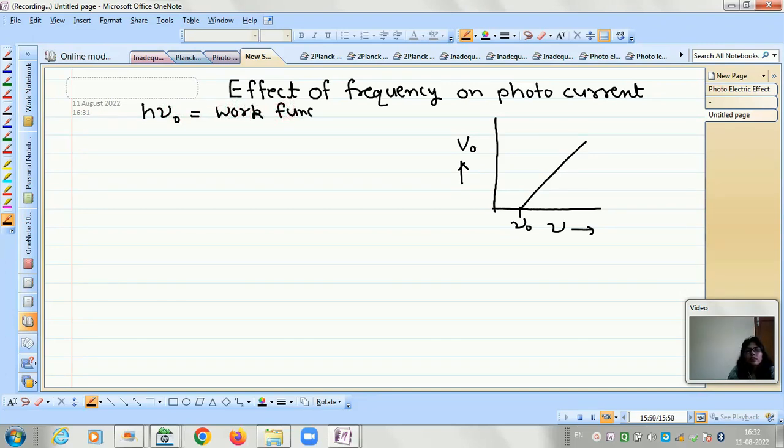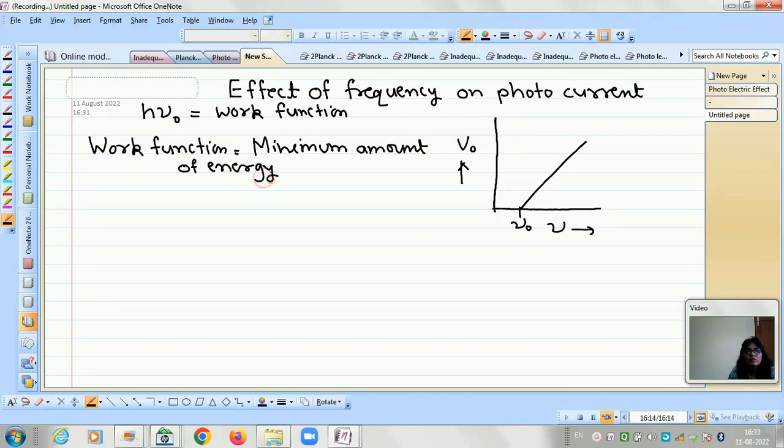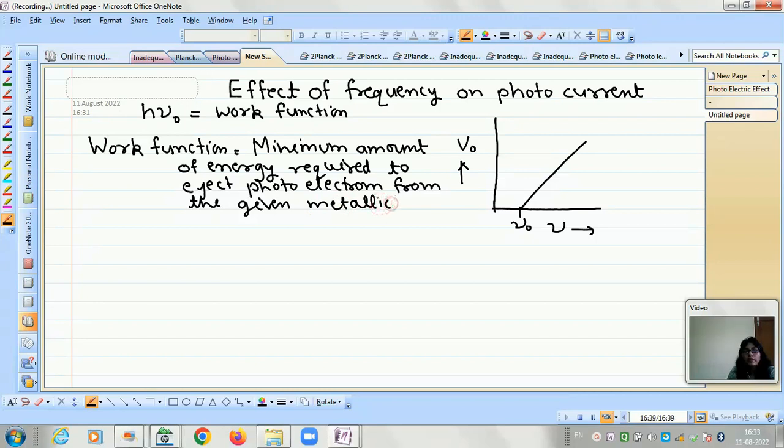Work function is defined as the minimum amount of energy required to eject a photoelectron from the given metallic surface.